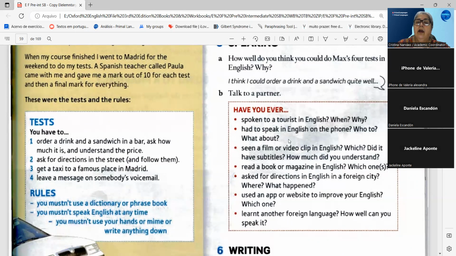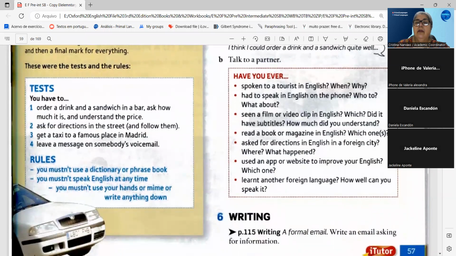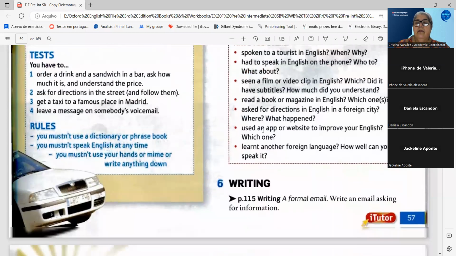I saw a movie named Harry Potter. Okay. Did it have subtitles? No. How much did you understand? The percentage? Um, 80, 90? 50%. Okay, ok. Entonces, ¿se fijó?